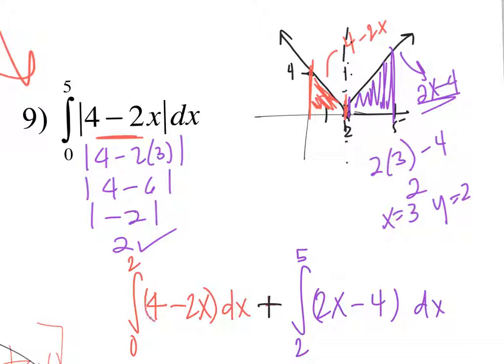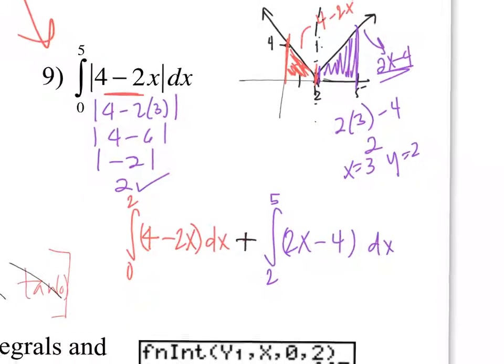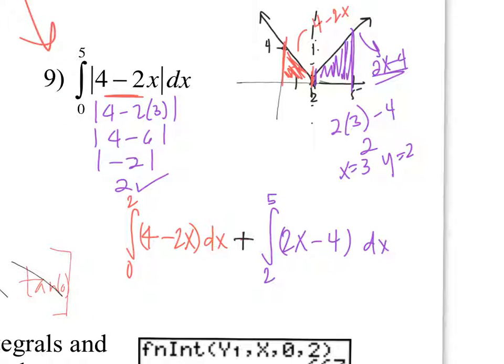Okay. And then you will go ahead and evaluate those integrals separately. So you're going to integrate and then do f of 2 minus f of 0. And then you're going to integrate, do f of 5 minus f of 2, and then add those two answers together. Try that and see if you get the final answer of 13.